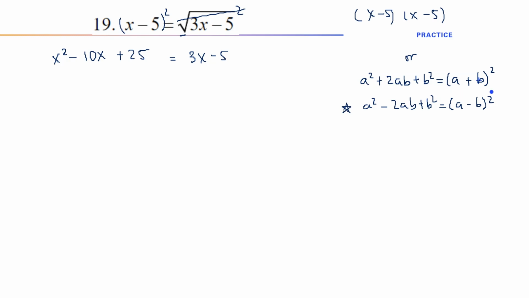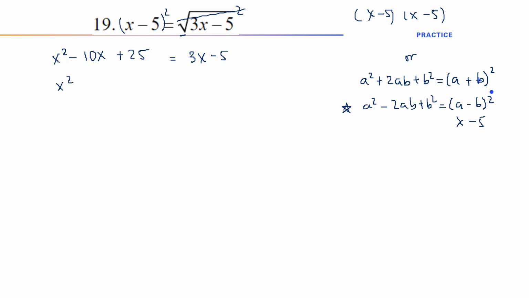So we use this one. In this case, we have x minus 5, so a squared is x squared, minus 2 times 5 times x is -10x, and plus 5 squared, 25.